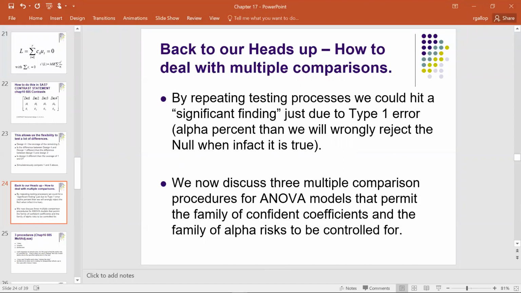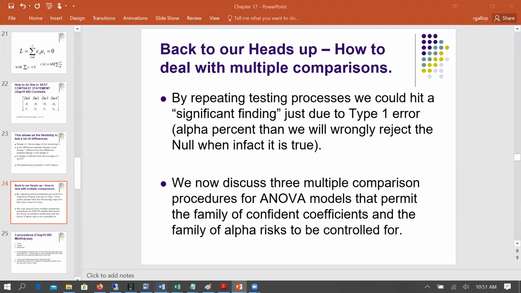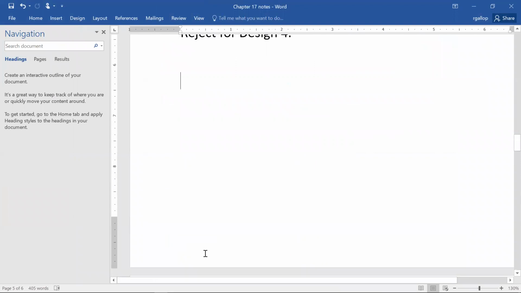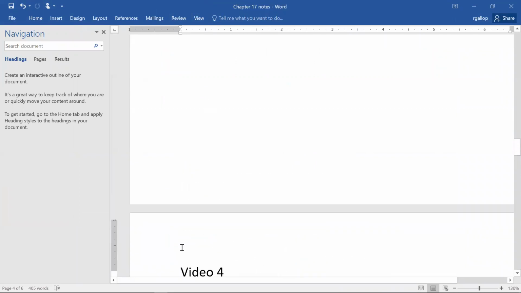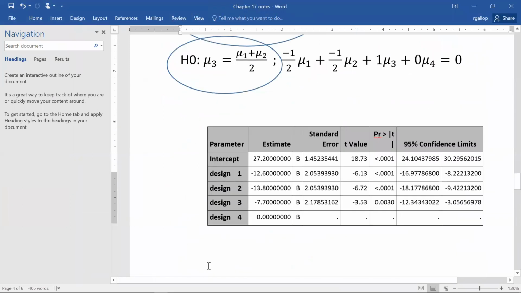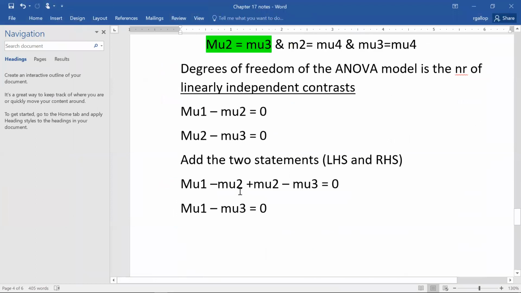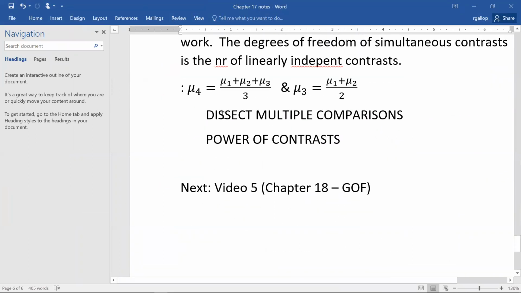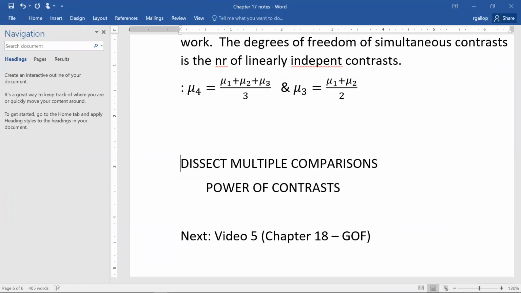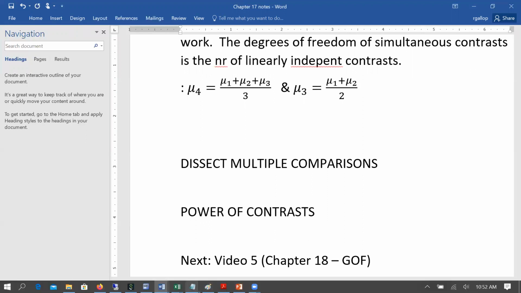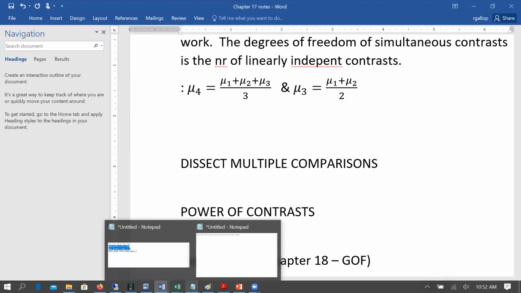I told you all of 513 is kind of blowing up a lot of what you did in 512, but now we want to focus on the next couple of components, which are dissecting multiple comparisons and then power of the contrast. With dissecting multiple comparisons, we're going to focus first on the estimated means, the LS means.